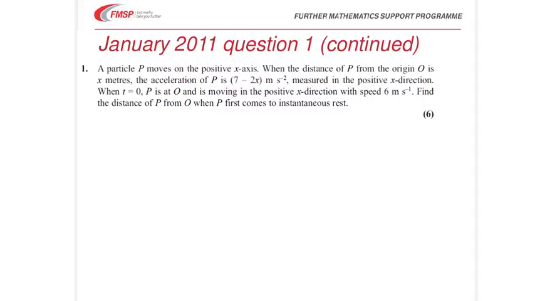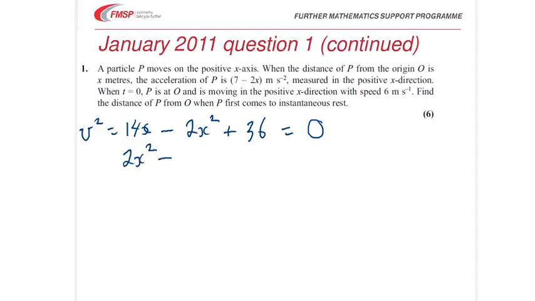What we've just found is that v squared is 14x minus 2x squared plus 36. And we're going to put that equal to 0. So, just rewriting it and simplifying it.